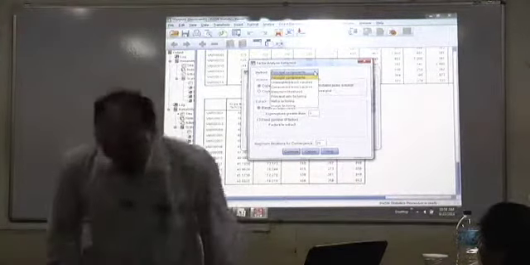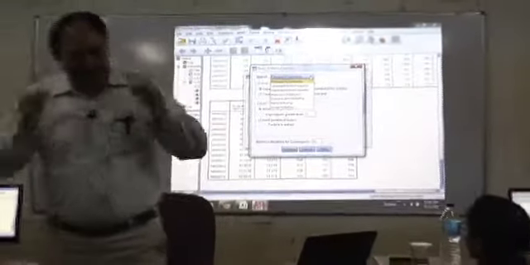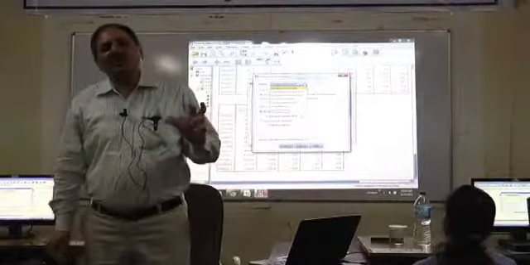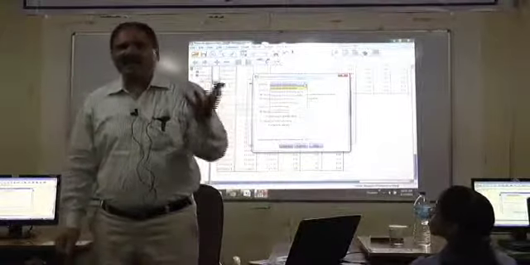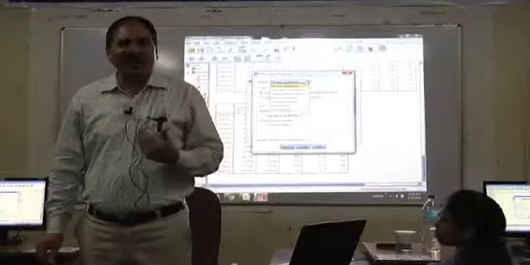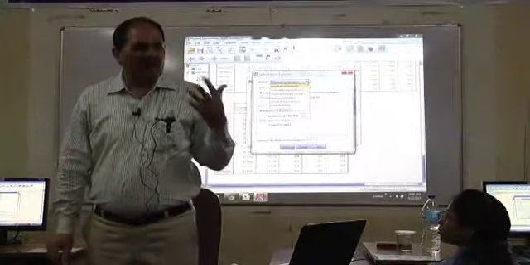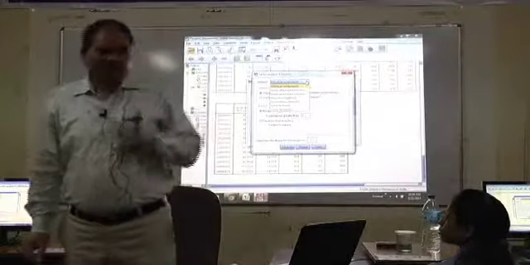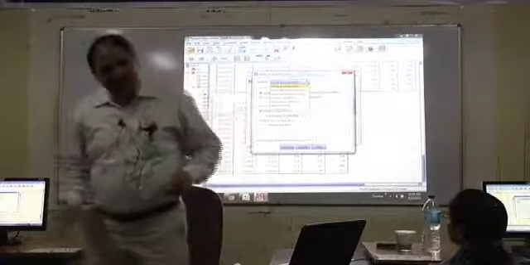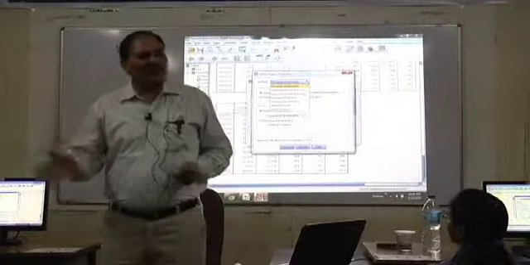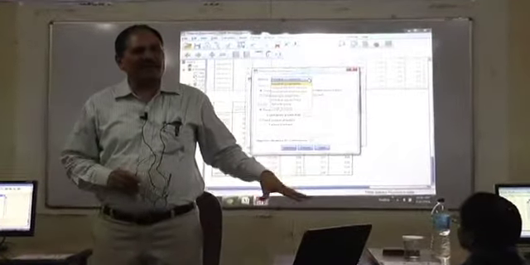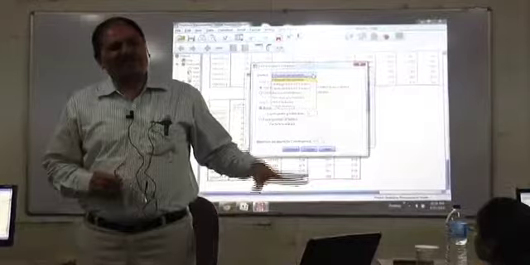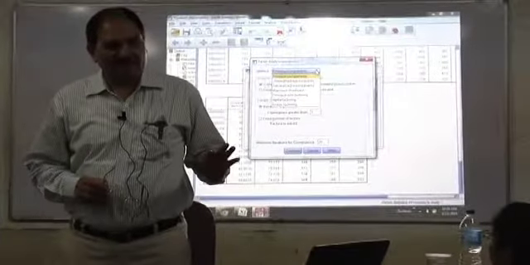One set of these methods uses the complete variance. They will extract the complete variance of the statements. That means both the explained and unexplained variance would be extracted using some of these methods. Principal component is one of them.